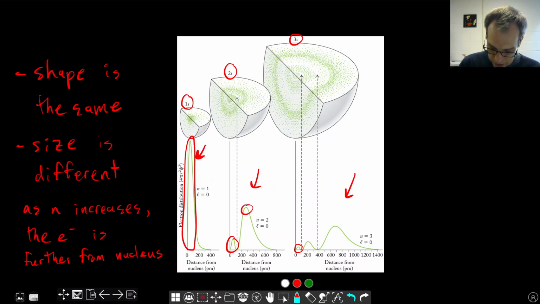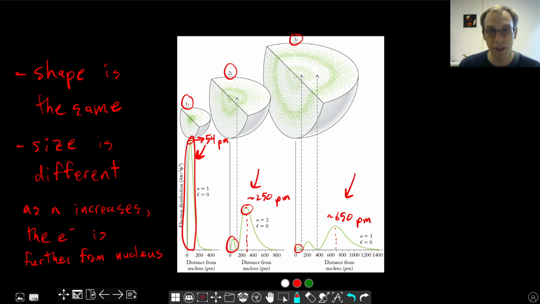So here for the 1s orbital, I believe this peak here is at 54 picometers. And we can see here with the 2s orbital, the peak is about 250 picometers. And for the 3s orbital, the peak is about 650 picometers.